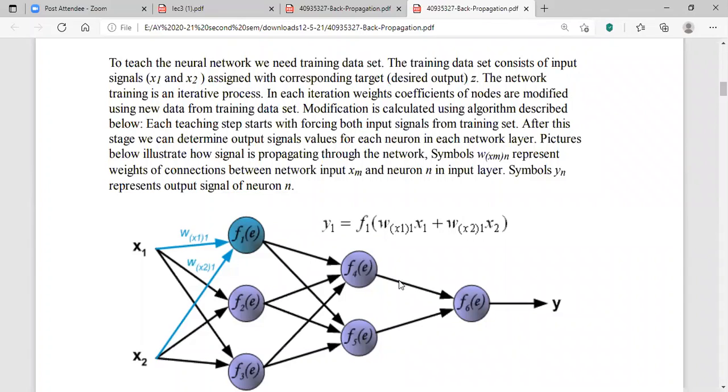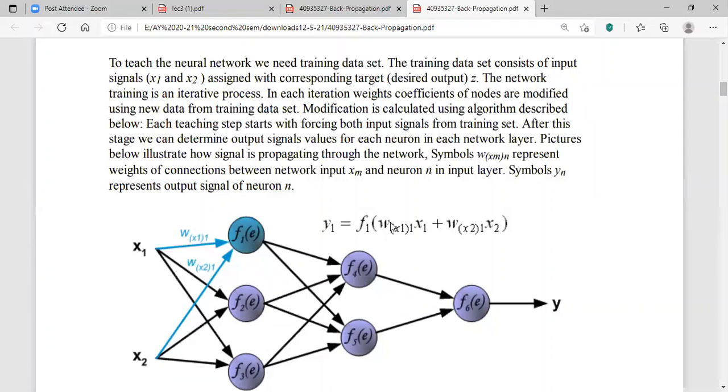In each iteration, weight coefficients are modified using new data for training the dataset. How this calculation is done is explained in the picture shown below.